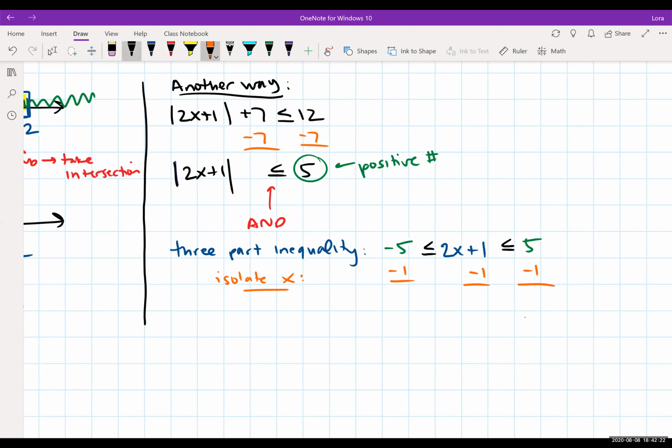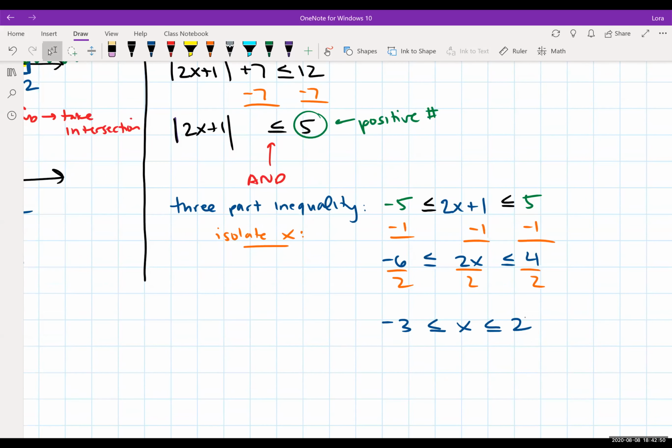So we should get negative 6 is less than or equal to 2x is less than or equal to 4. Then we divide every part by 2. And we end up getting negative 3 less than or equal to x less than or equal to 2.